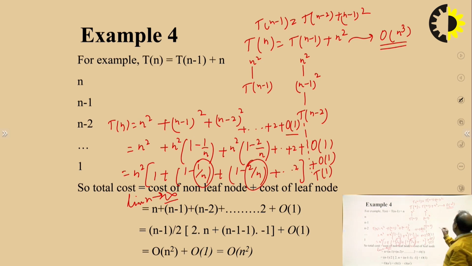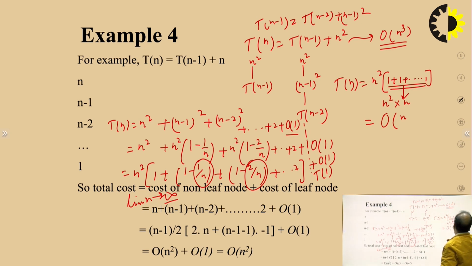So ultimately, the total time will be approximated to n square times 1 plus 1 plus and so on plus 1. This is an arithmetic sum, and its cost will be n. So this is n square times n, which is close to big O of n cube. This kind of recurrence relation will be solved by this method.